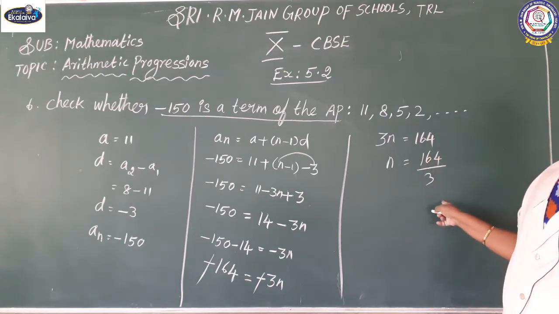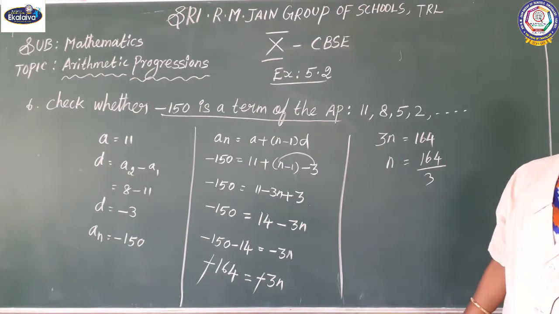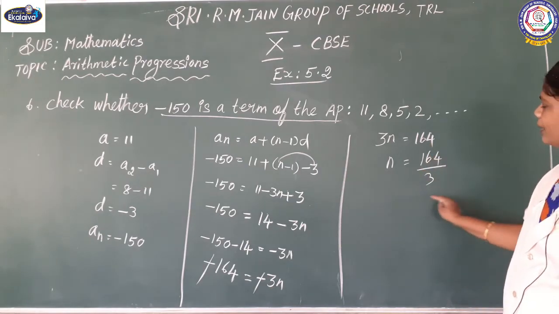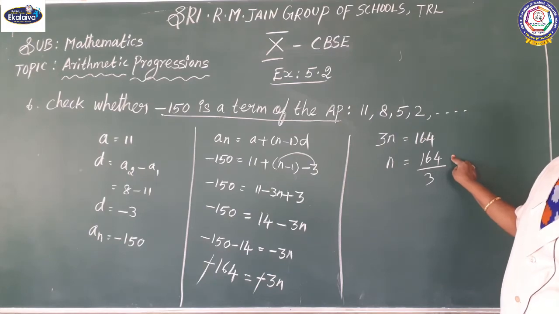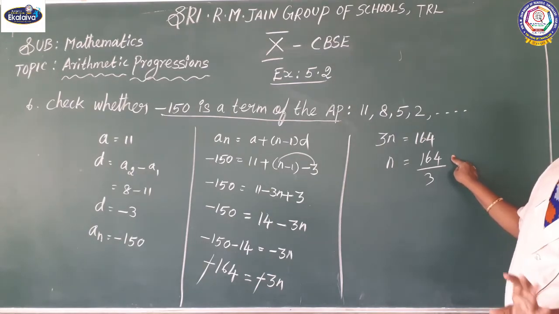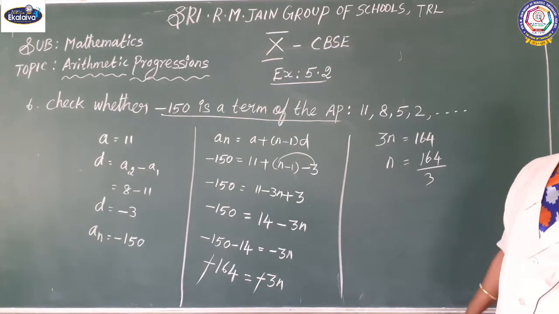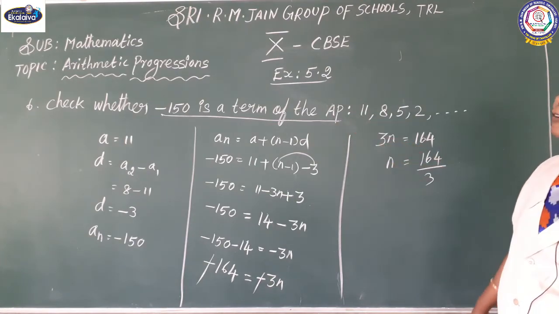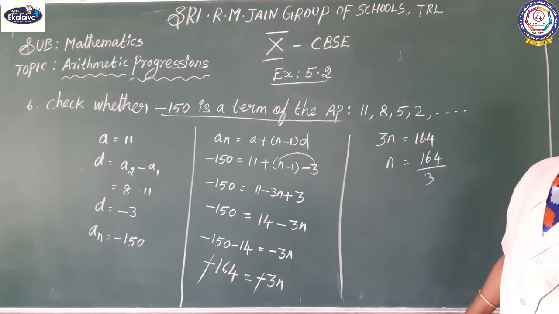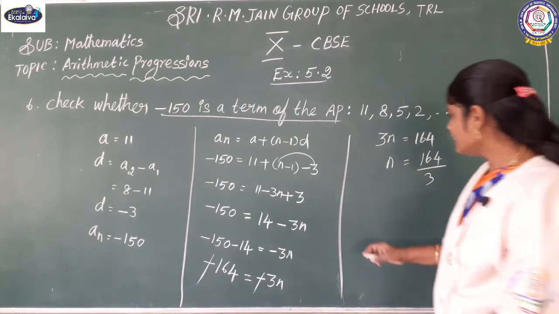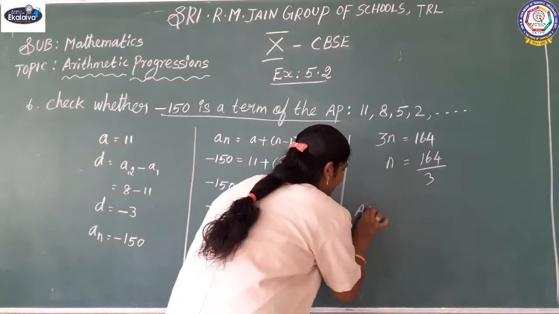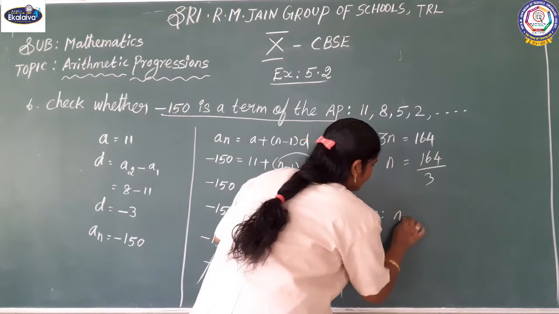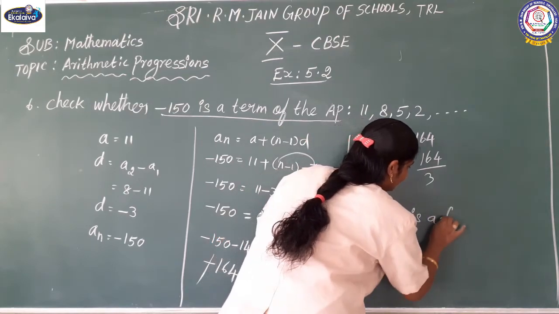If you divide this, you will get a decimal value. So now here n is a fraction. But n should be an integer, and here n is a fraction. So minus 150 is not a term of this AP. Do you understand, children? So what solution will you write? n is a fraction.